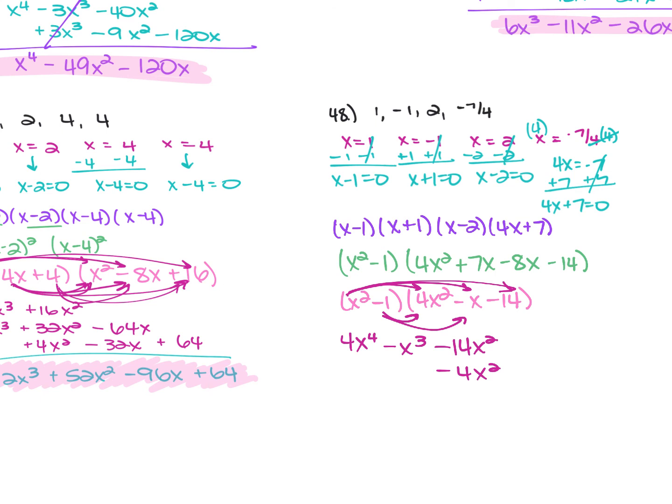Negative 1 times negative x is a positive x, and negative 1 times negative 14 is a positive 14. So we combine like terms here. We have 4x to the 4th power minus x cubed minus 18x squared plus x plus 14.